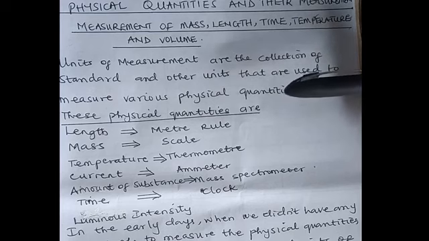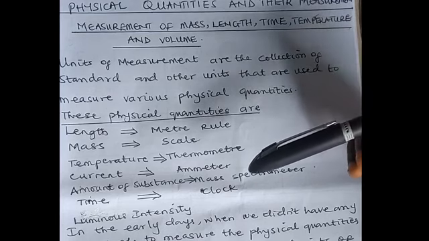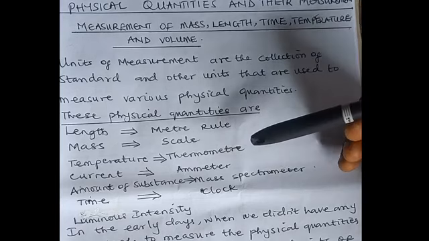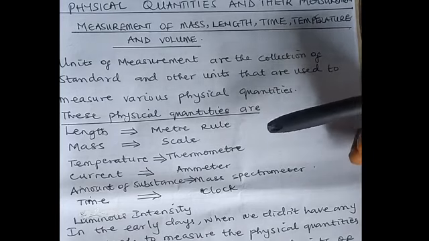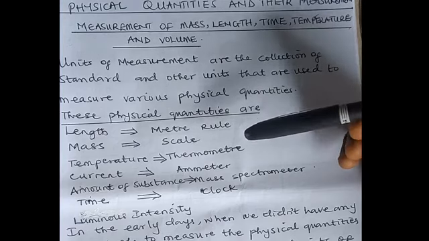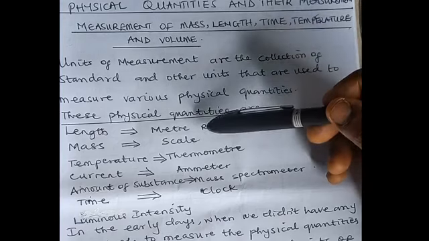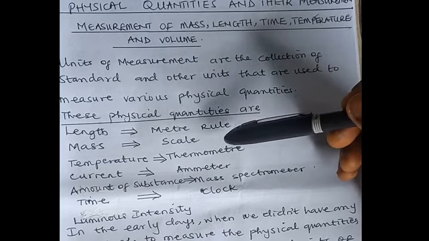Examples of such are length, which is the distance between one point and another point. We can get the length of a book, the length of a table, the length of a particular distance. Mass is also another physical quantity, which is the quantity of matter in a body.